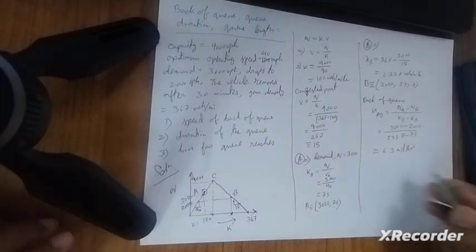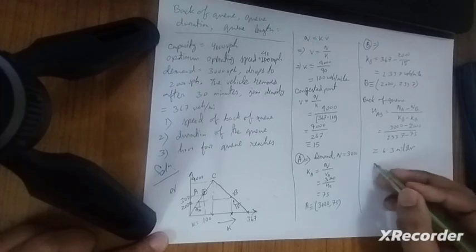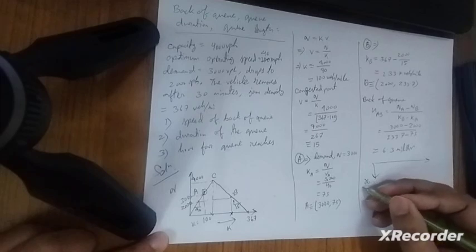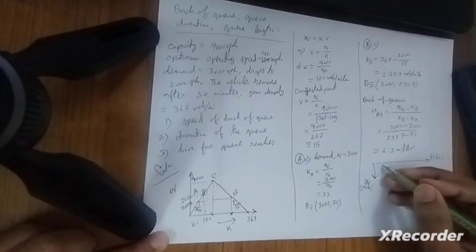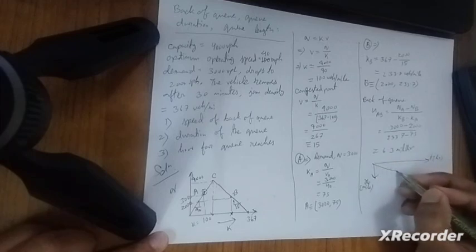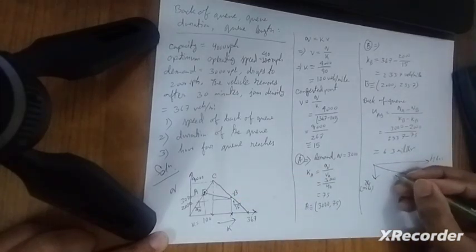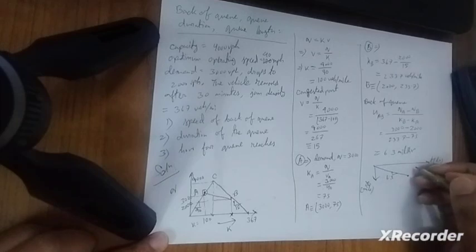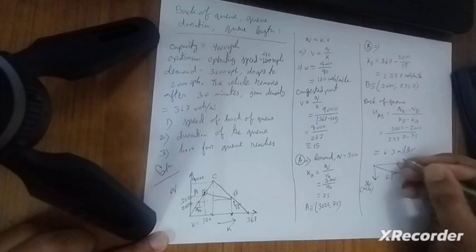Now let's draw the time-space trajectory to see what happened. On the y-axis we have miles and on the x-axis time in hours. The shock wave speed from A to B has a slope of 6.3, and we are told that after 30 minutes the Q will disappear, so this time will be 0.5.